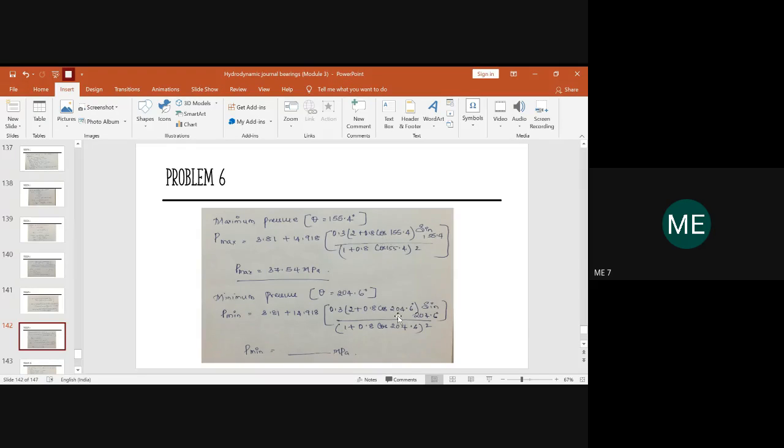So it will be cos 204.6 sine 204.6 degree, again in the denominator 1 plus 0.8 cos 204.6 whole square. The remaining part in the numerator remains the same. So again you substitute and please let me know what will be the value of P minimum.